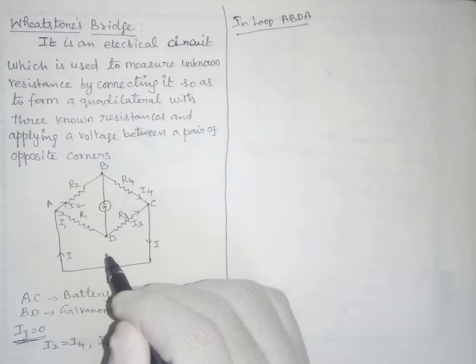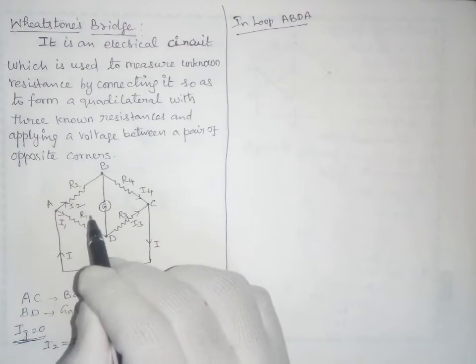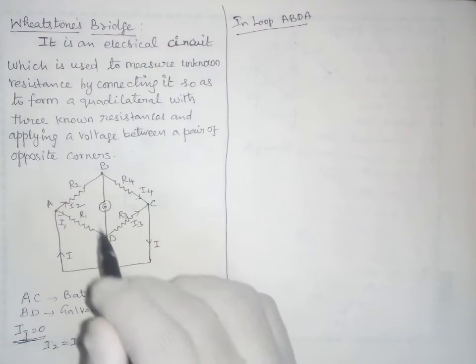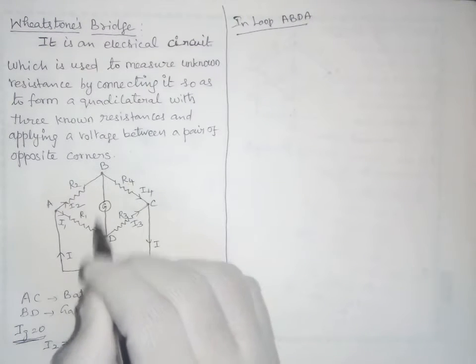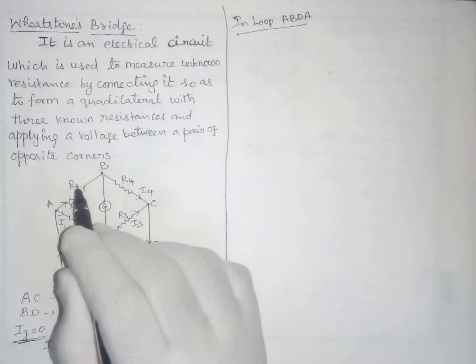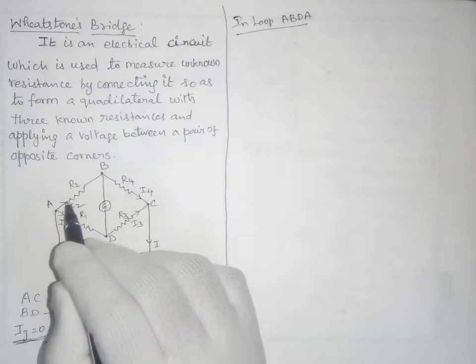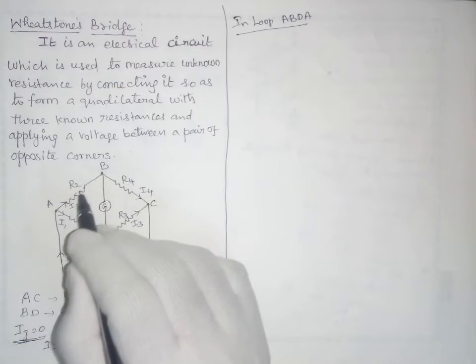The total algebraic sum of the voltages in a closed loop is 0. So we start from A, going A, B, D, A. The drop I2 R2 is taken as negative because it is in the direction of current, so it is the potential drop.